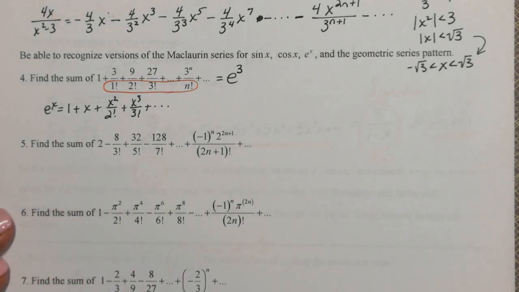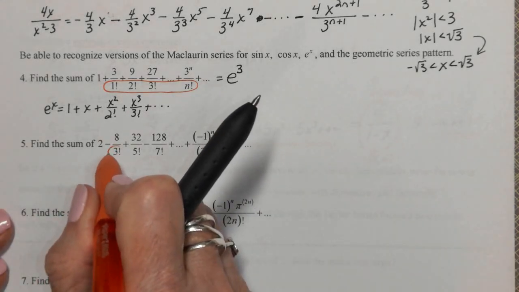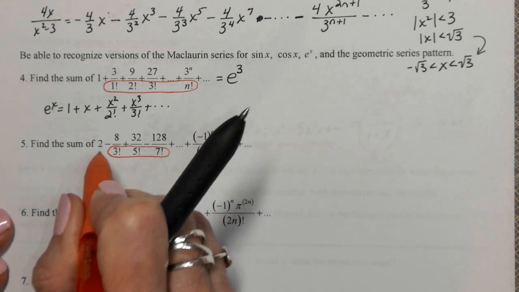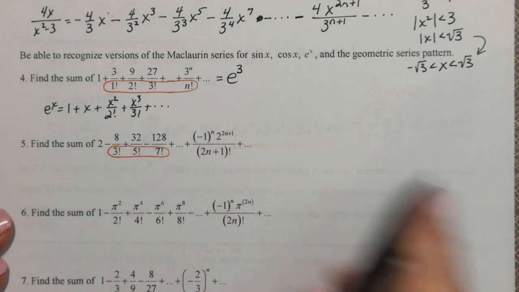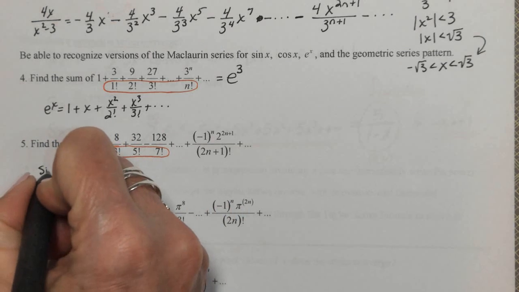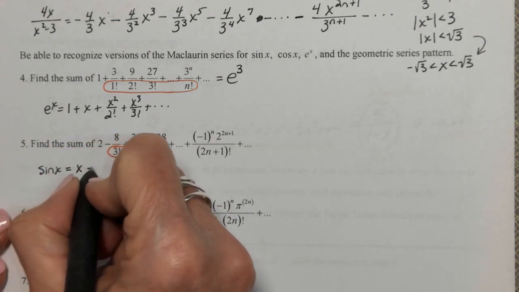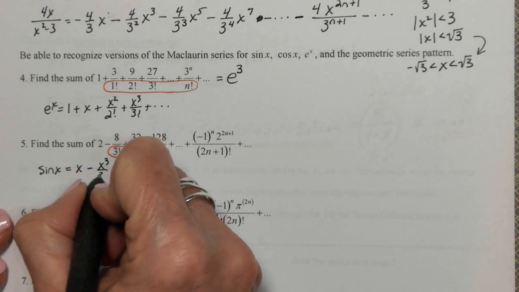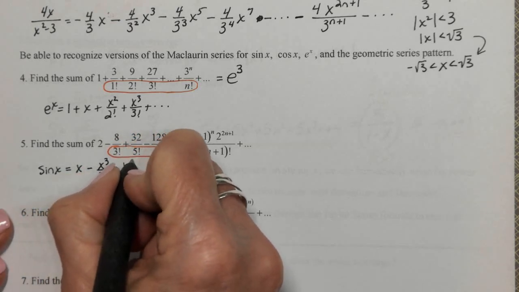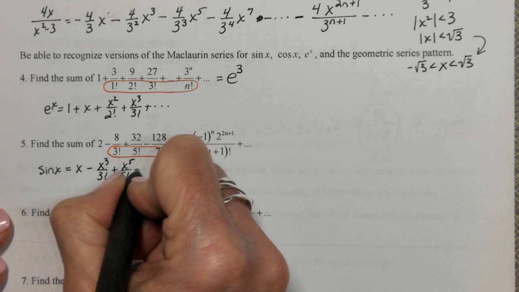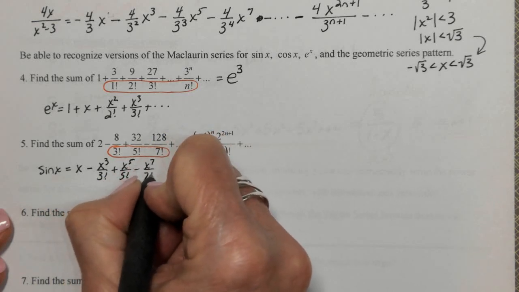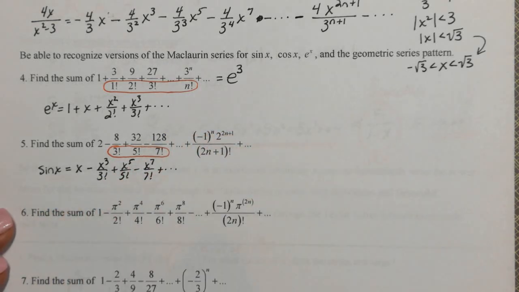For this one, I notice my factorials are odd factorials, so I'm focusing on sine x. Sine x is x minus x cubed over 3 factorial plus x to the 5th over 5 factorial, etc. Okay, what must x be this time?